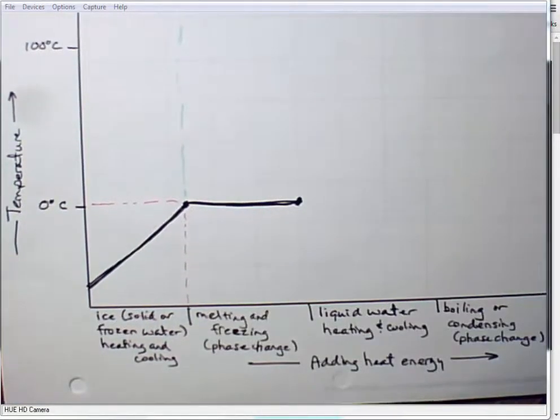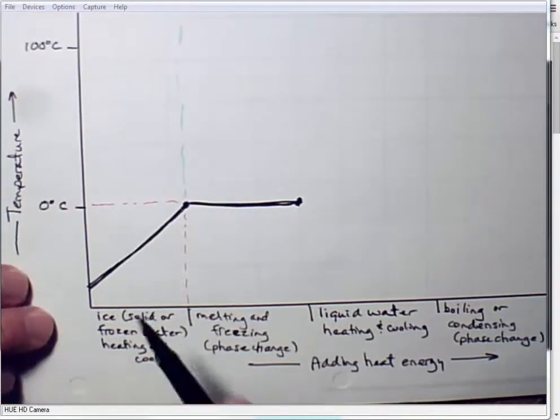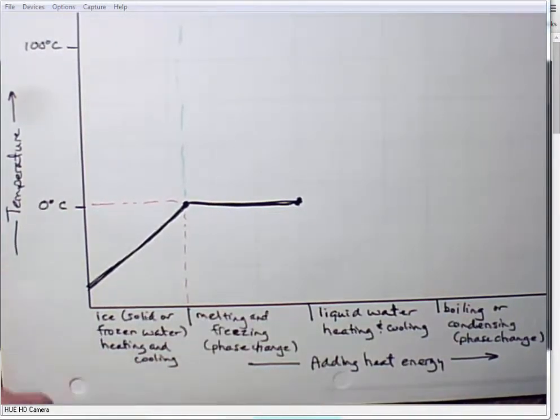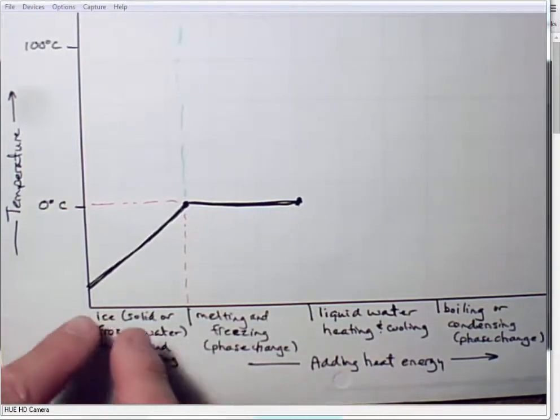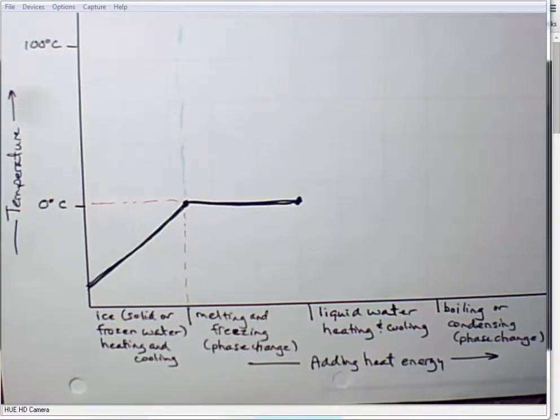And we looked at the equation yesterday that fits in this range. What is the equation that defines how the amount of heat is related to the temperature change? What's that equation?